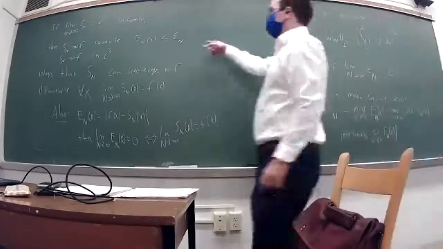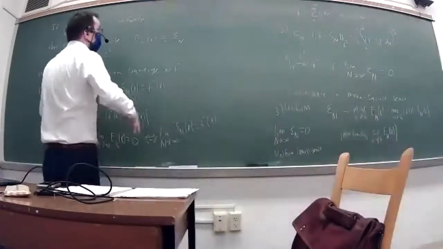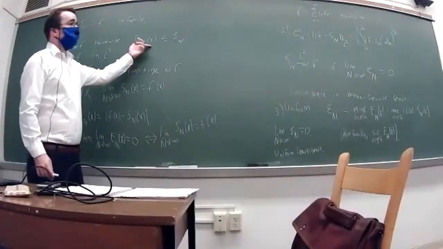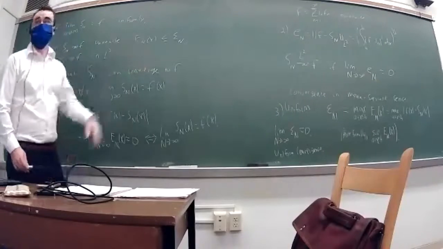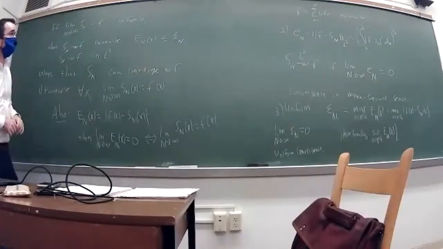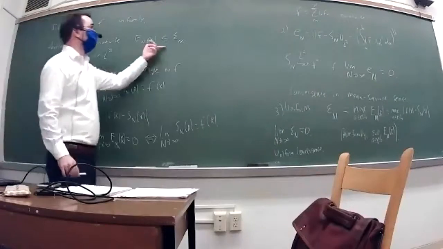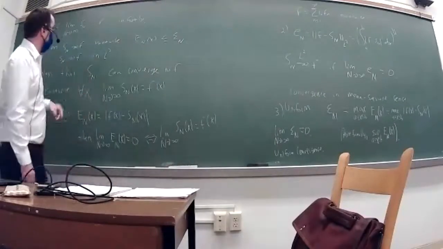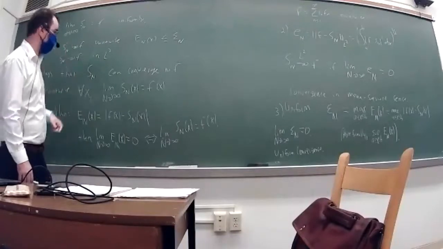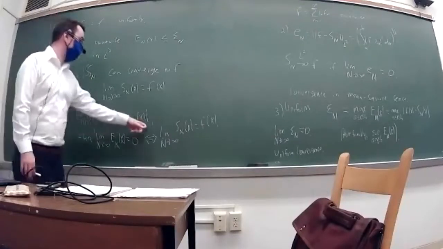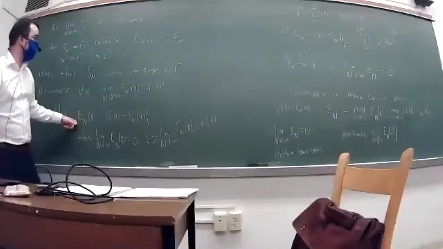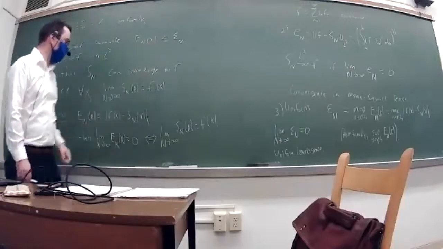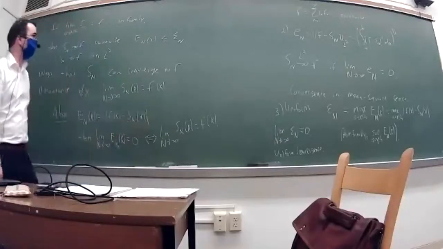So if you're converging uniformly, then in particular, for any fixed point, your pointwise error must be going to 0, and therefore you're converging pointwise. So just having this bound between the two automatically says that uniform convergence implies pointwise convergence. That's why I use an absolute value in my definition of pointwise error. This would not be enough to show convergence if I didn't use that absolute value there.